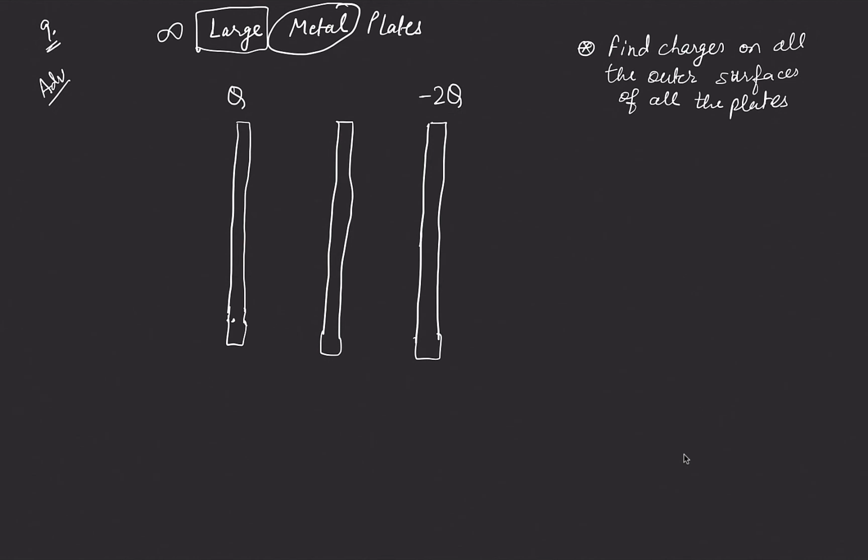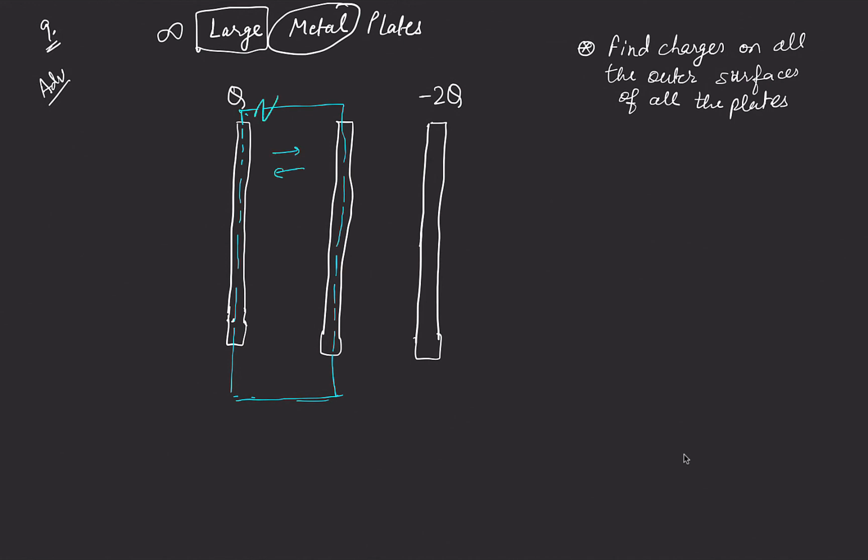So the only trick is, as I already told, to assume an imaginary Gaussian closed surface passing through these two plates like this. Now we know that the electric field would be either in this direction or in this direction.